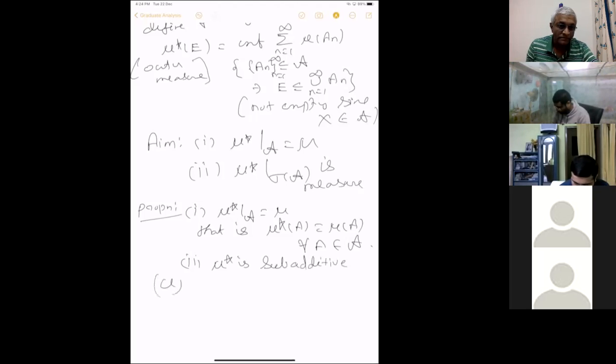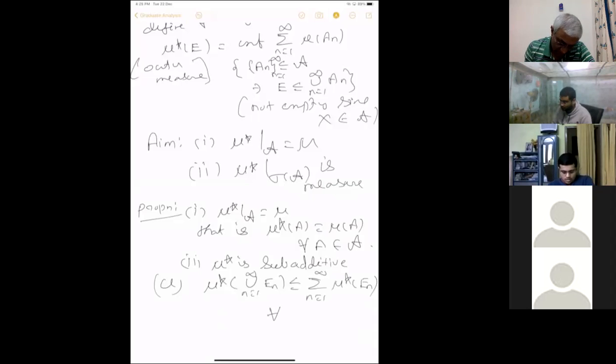That is, mu star of the union of En is less than or equal to the summation of mu star of En. It is just subadditivity. This is true for all power sets. It's subadditive on the power set.